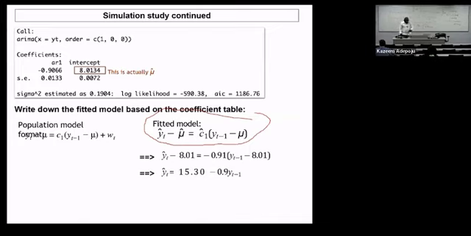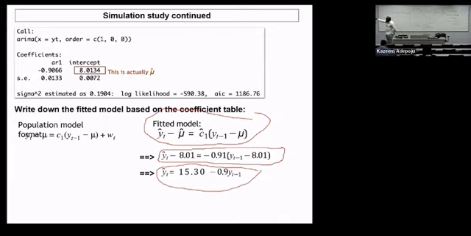This next line is after plugging in two things, the estimate of mu and the estimate of C1. If you simplify that, you're going to end up here. Take a look at that.